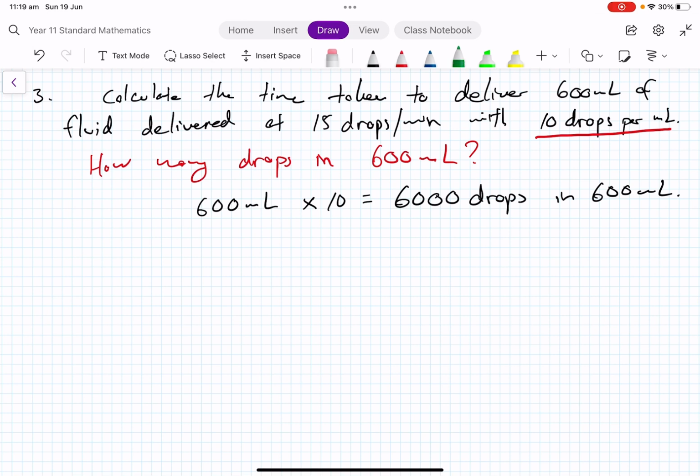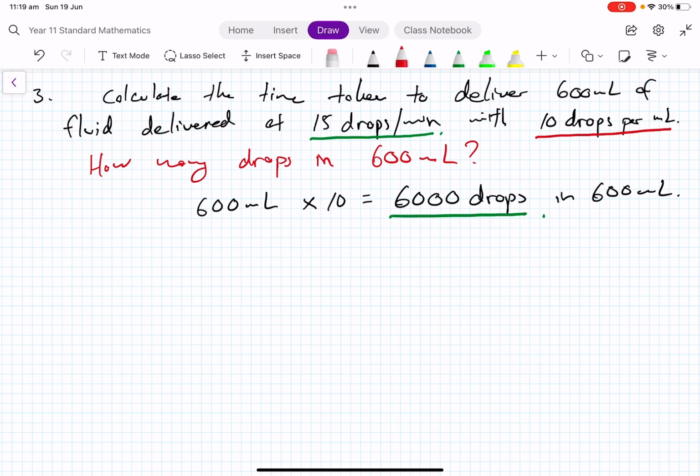That's an important number here. Now, how long will it take to deliver this? The rate we're interested in is 15 drops per minute. When working out the time taken to deliver something, think of the 6,000 drops as your distance and 15 drops per minute as your speed.